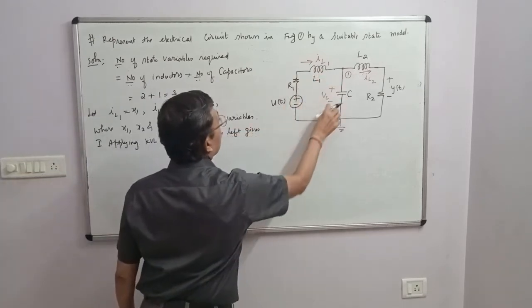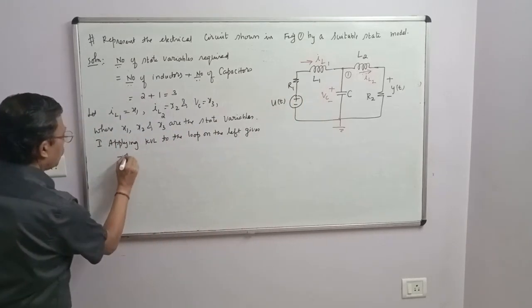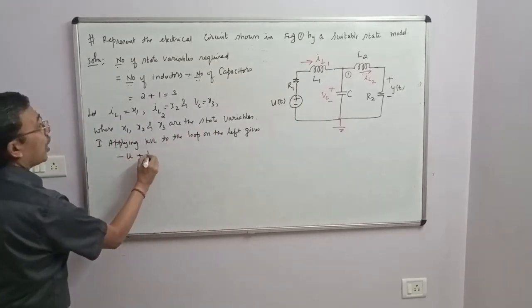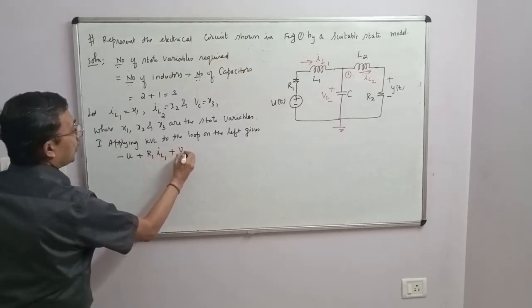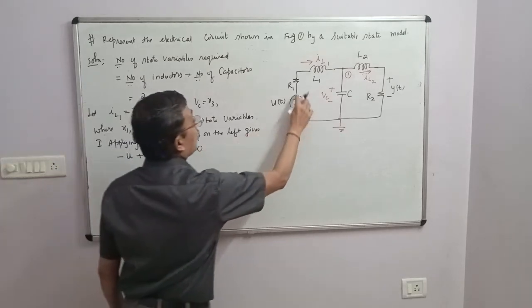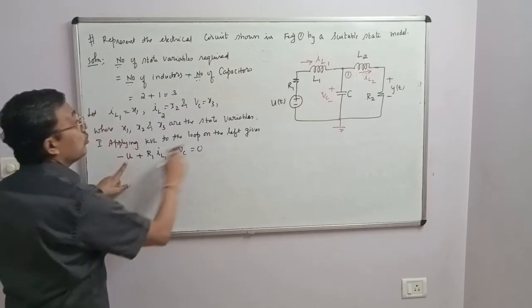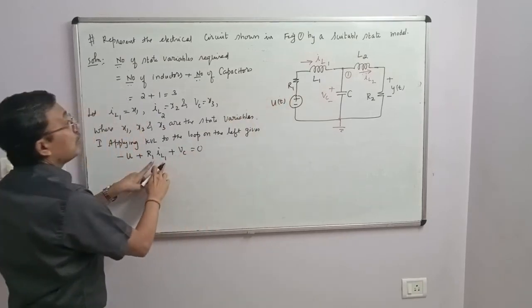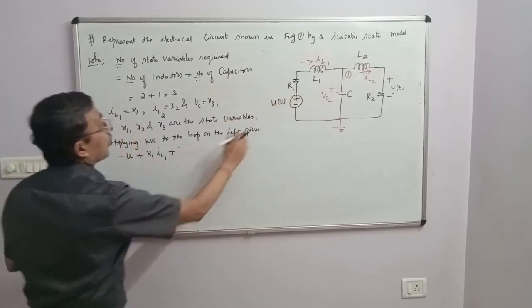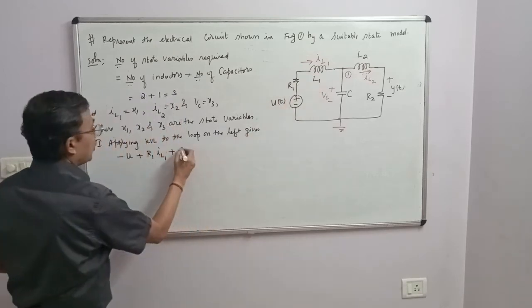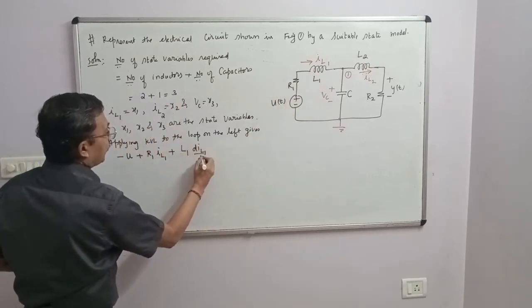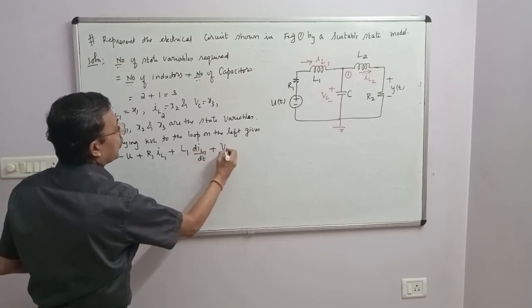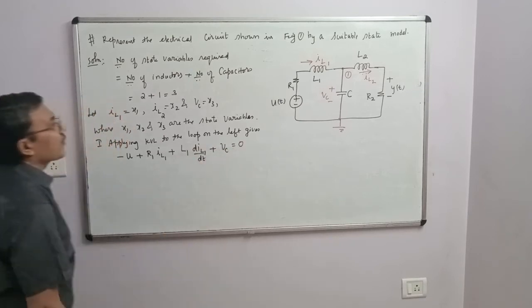This is the loop: minus U plus R1 into IL1 plus VC equal to 0. I forgot the voltage drop across the inductor, so it becomes minus U, R1 into IL1, plus L1 into dIL1 by dt plus VC is equal to 0.